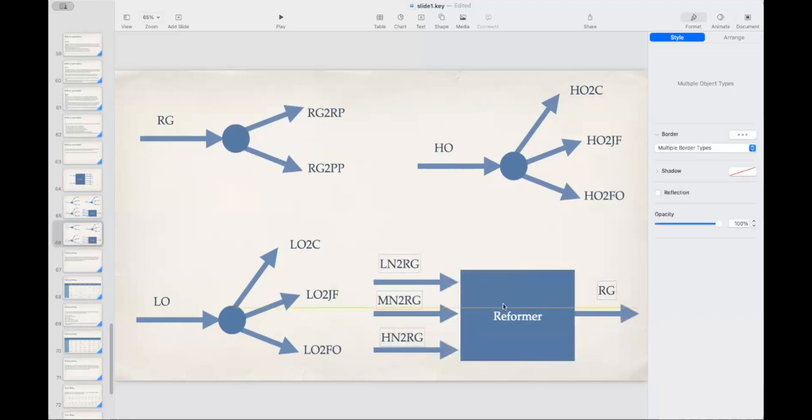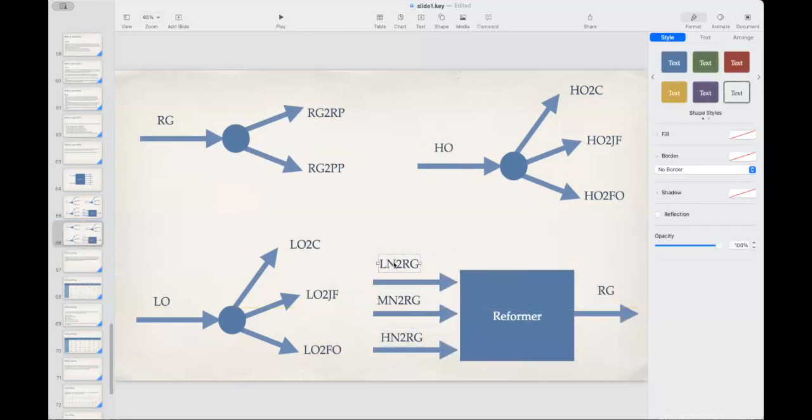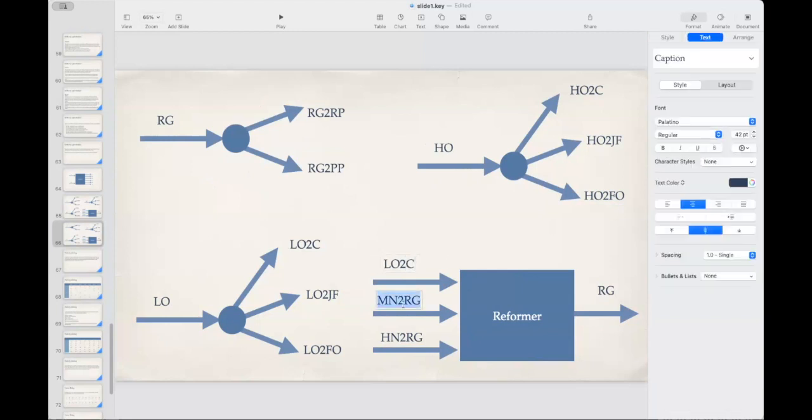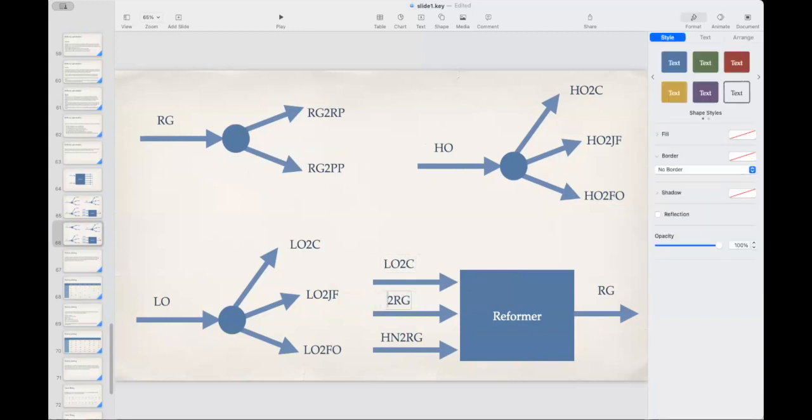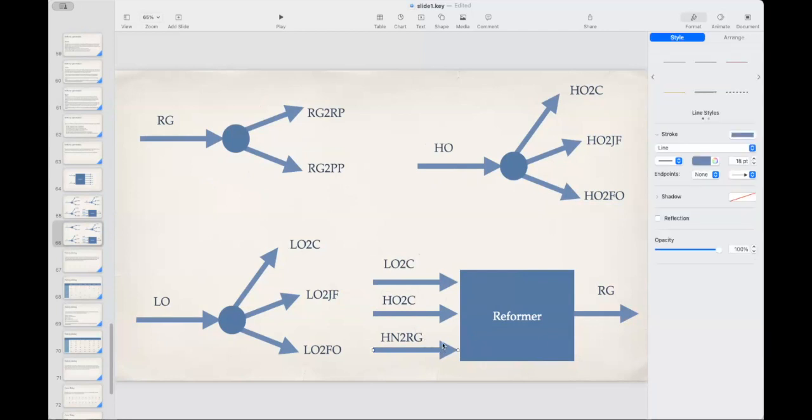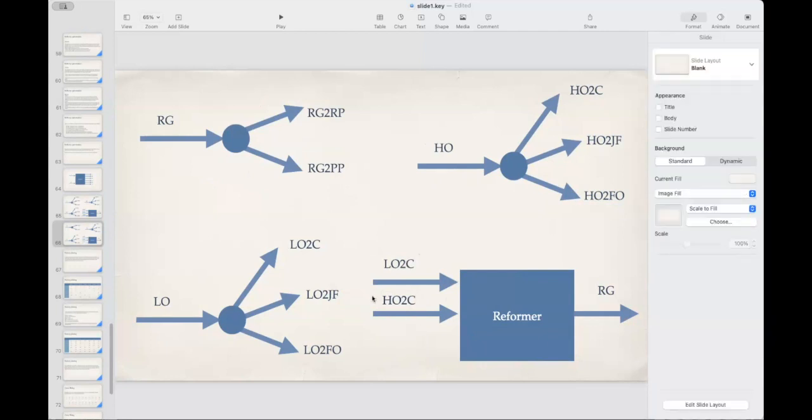And so we have LO to C and HO to C. Okay, we have only two streams.